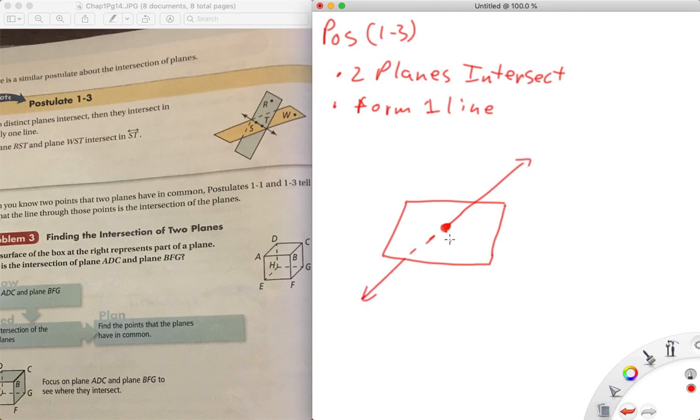So if a plane intersects a line, so 1 line and 1 plane intersect, they form 1 point.